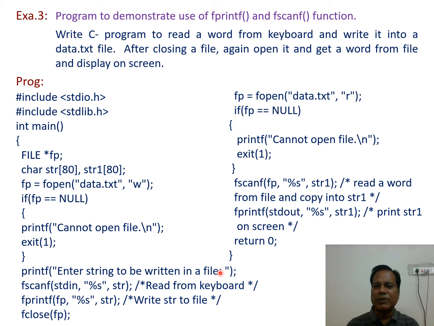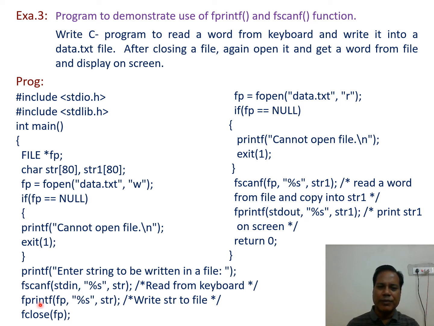So this message is printed on the output screen, whereby the user enters the data in the form of a string, or list of characters, that is taken in by the fscanf function and stored in the variable str. So stdin is the standard input device, that is the keyboard.